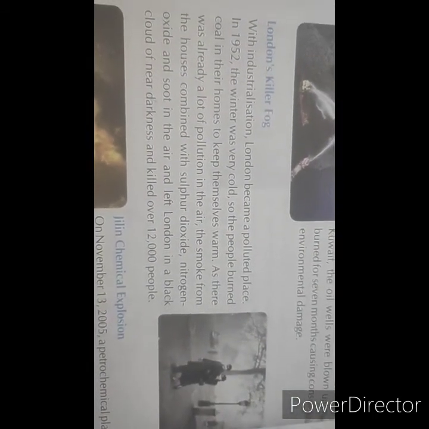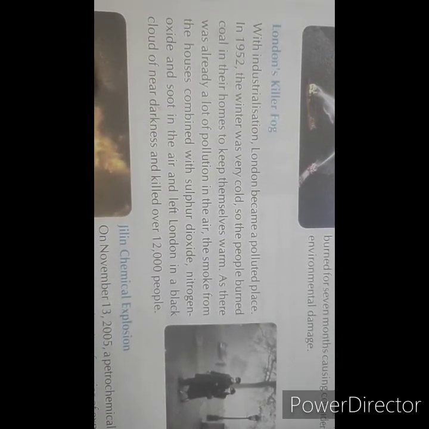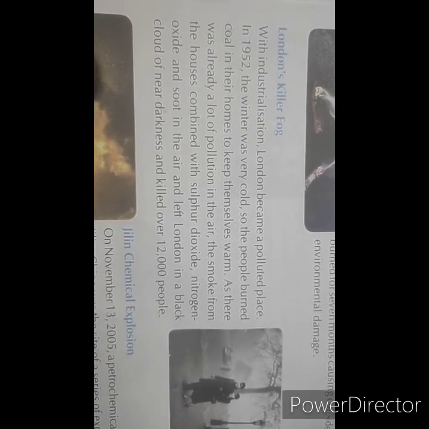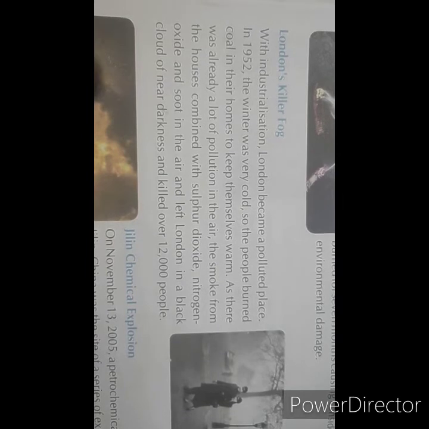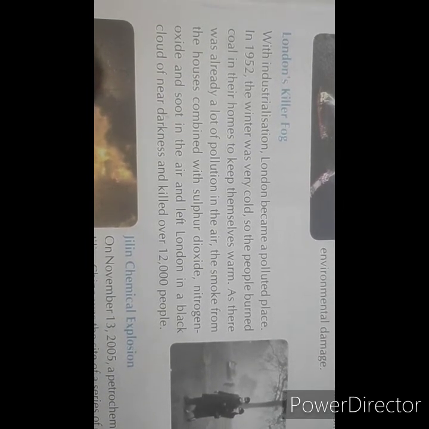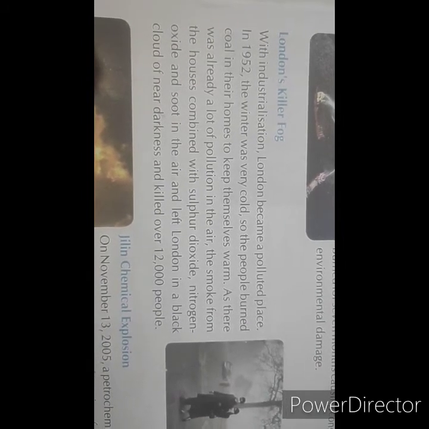Now, next is London's killer fog. With industrialization, London became a polluted place. In 1952, the winter was very cold, so the people burned coal in their homes to keep themselves warm.